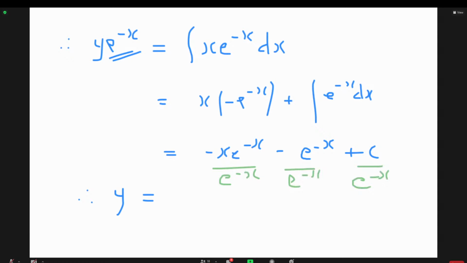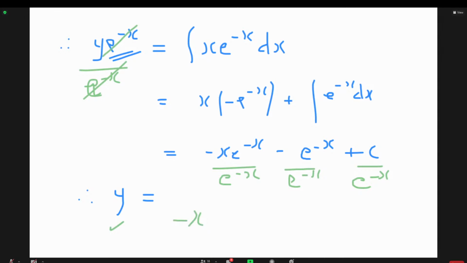Everything must be, right? Because on the left, we're going to divide it by e to the minus x, which cancels. So that leaves us with y is equal to minus x, right?